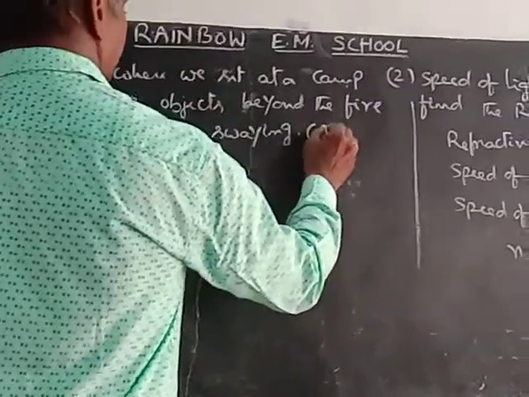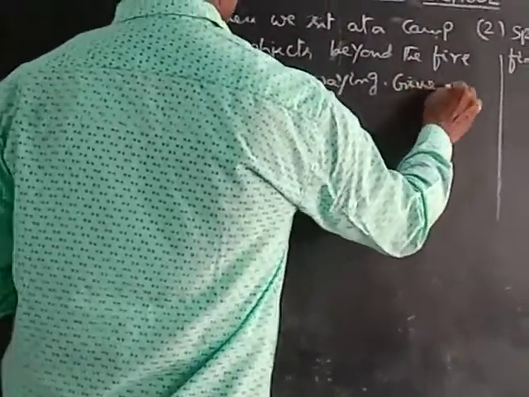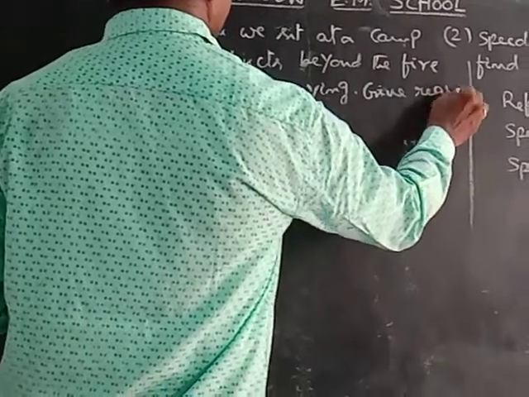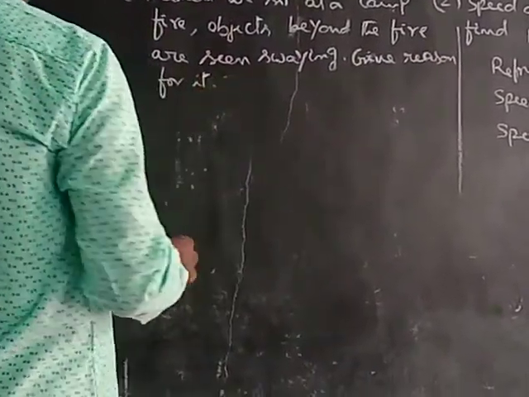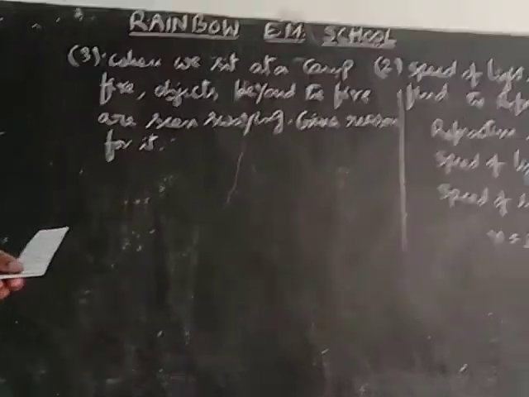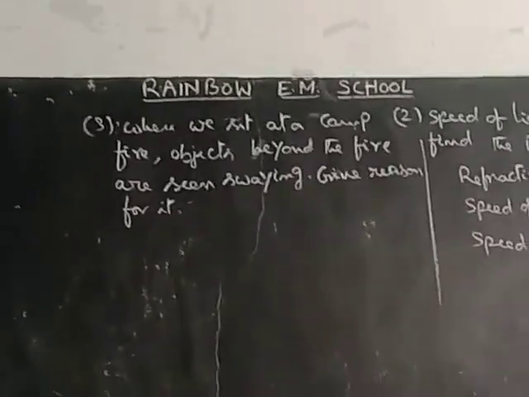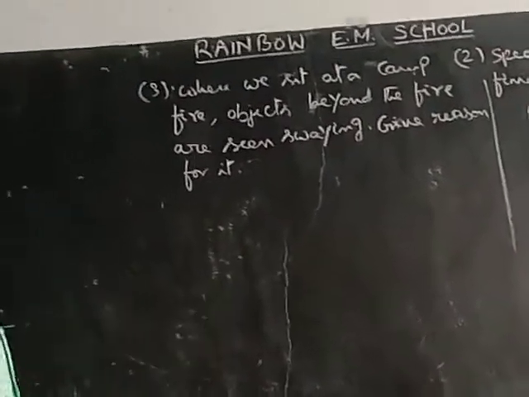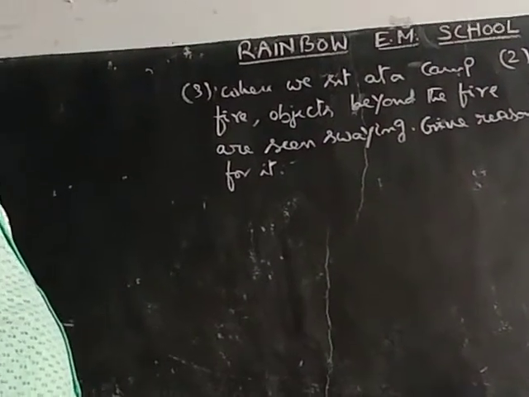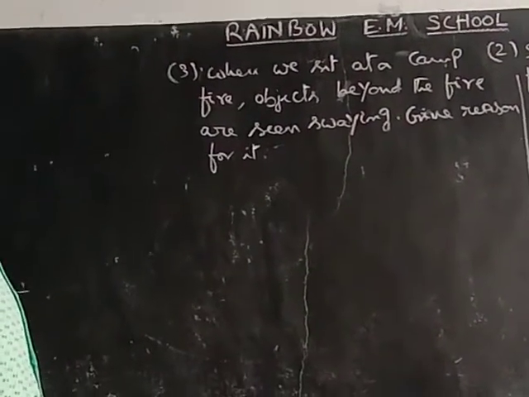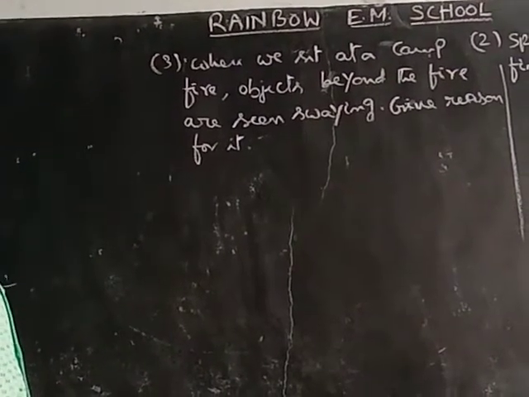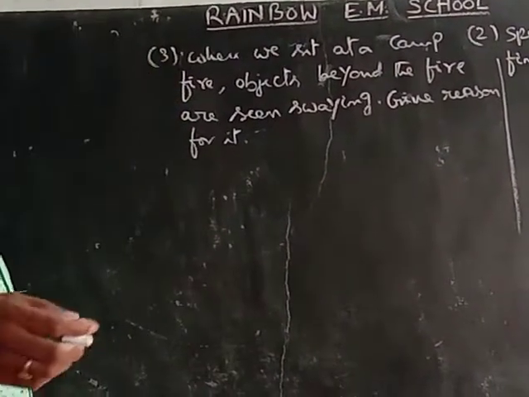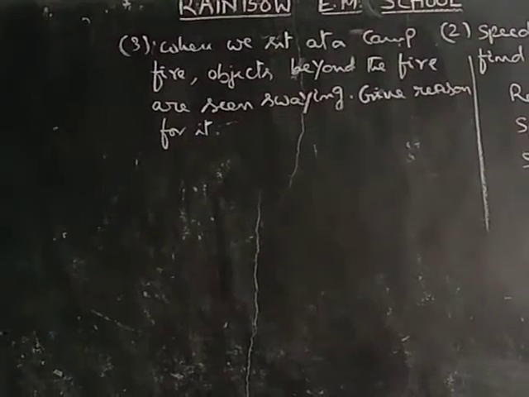Give reason for it. Suppose a campfire is there and you are sitting at it. The objects beyond the campfire appear to be swaying, that means moving like this. Why? What is the reason for that?